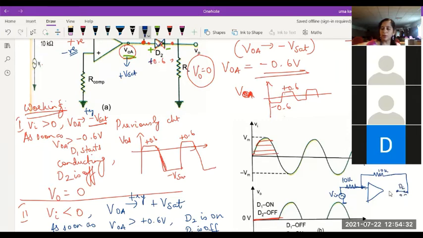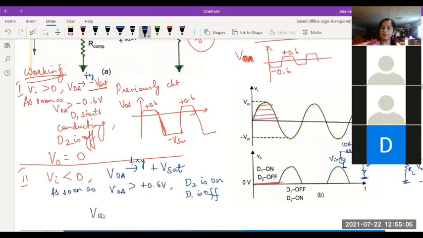D2 is on, which is connected to the output of the op-amp, and the other diode D1 is off. So there is an open circuit here and closed circuit here. And if you have any load resistance here, you can easily say what would the output be. Yes, this is an inverting what? Inverting amplifier. What is the output of the inverting amplifier?